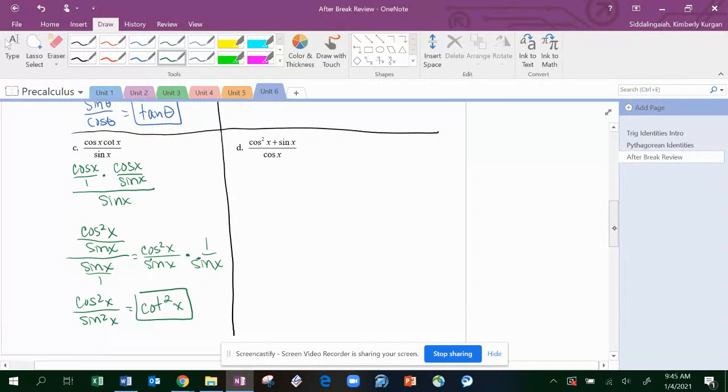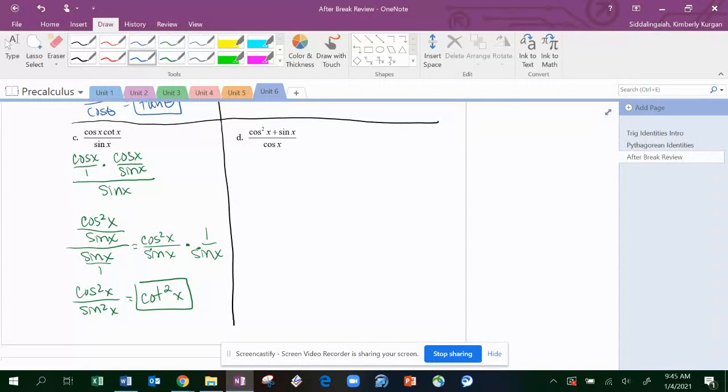So hopefully by now you're getting really warmed up, feeling good about this stuff. Just when we hit another fraction. Okay, so the nice thing about this fraction is everything's in terms of sine and cosine, right? We have a cosine squared plus sine x all over cosine x. So this brings up something called the caring and sharing denominator.